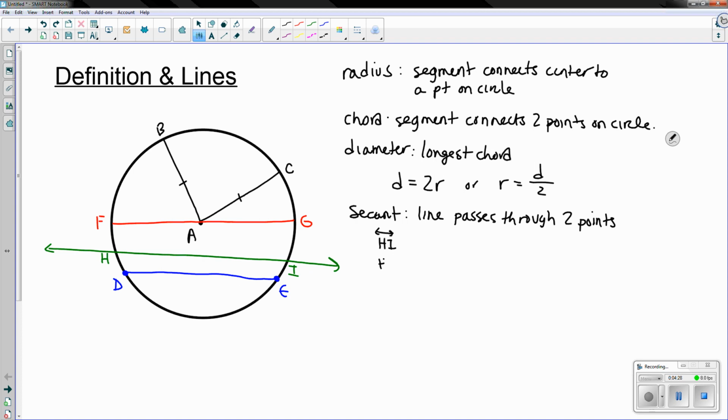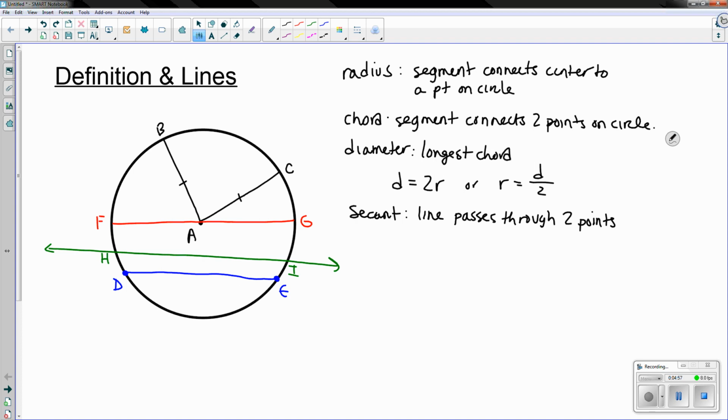And if I don't have the 2 arrows on there, and it's just a little line, again, with no arrows, then that means we're talking about the segment. So this would be for the secant line up top. And then down below here, that's what I would write if I wanted to talk about chord HI, because a chord is a segment. So just be aware of that notation difference when looking at various problems. That way you can differentiate between what the problem is actually talking about or referring to.